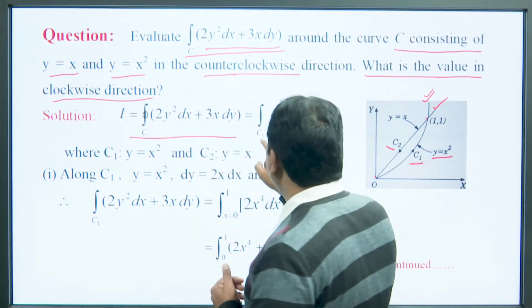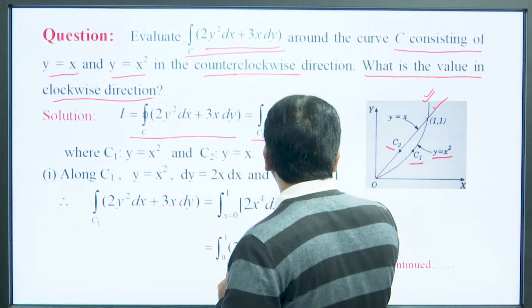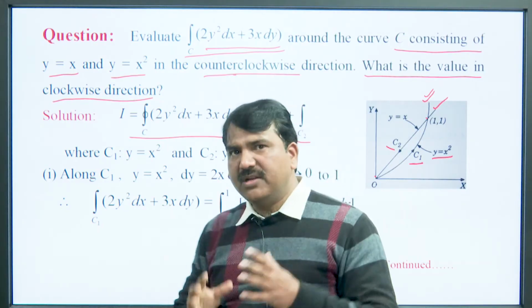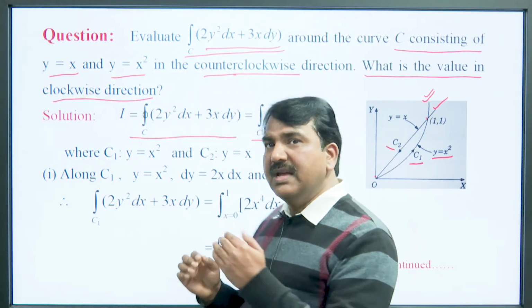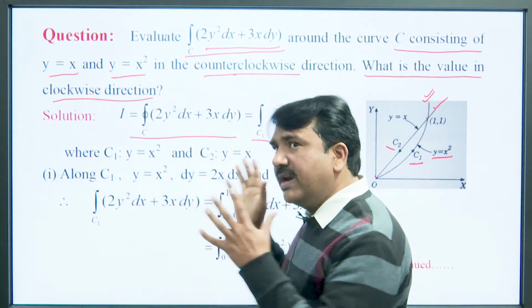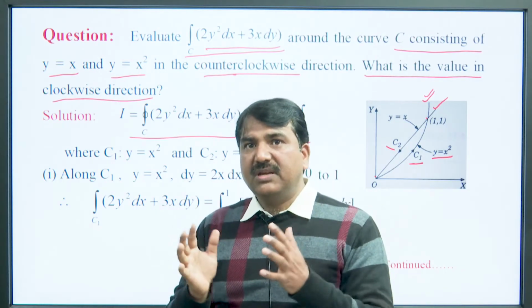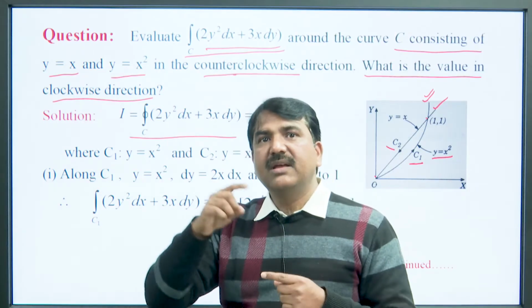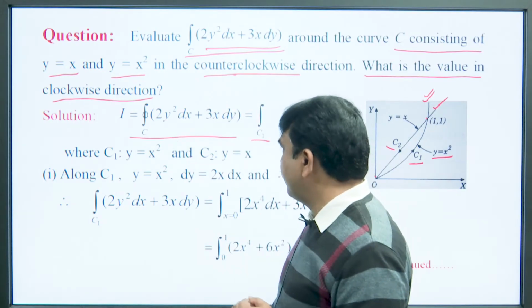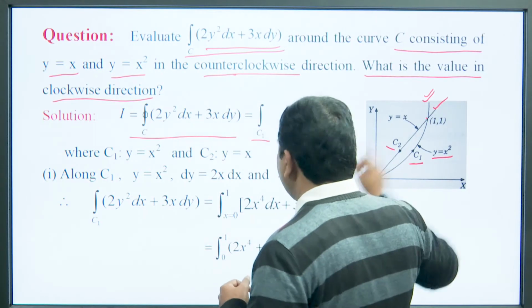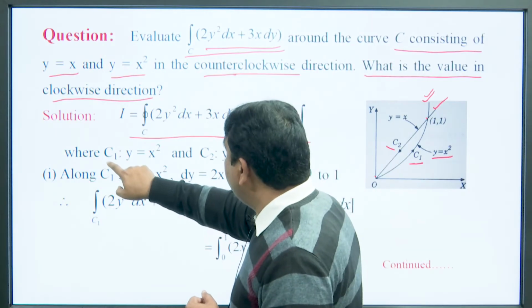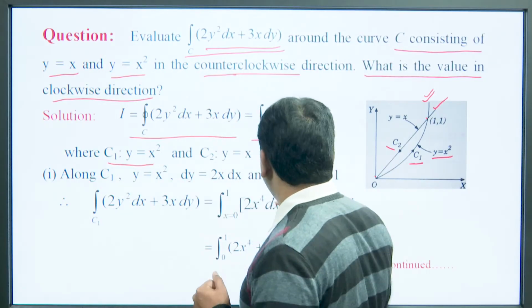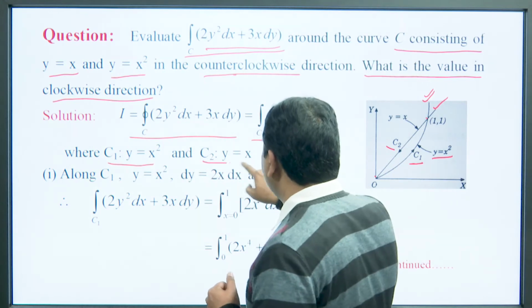So the integral becomes the integral along C1 plus the integral along C2. To find the total line integral, we find the separate line integrals and add both to get the integral along the closed curve C. Here we have defined C1 as y equals x squared and C2 as y equals x.